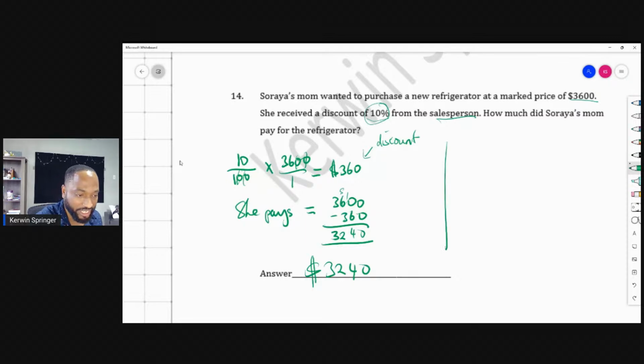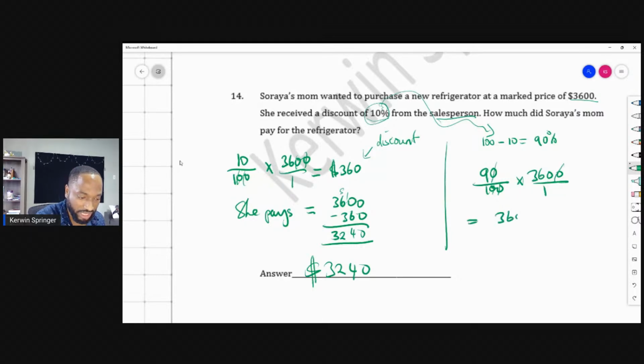Another way to do it is to take the 10% from 100% one time. How many of you are familiar with this method? And then work out 90% of the original value, and that will go straight to the answer. So I could cancel one of these zeros here instead. We really have 9 times 360.